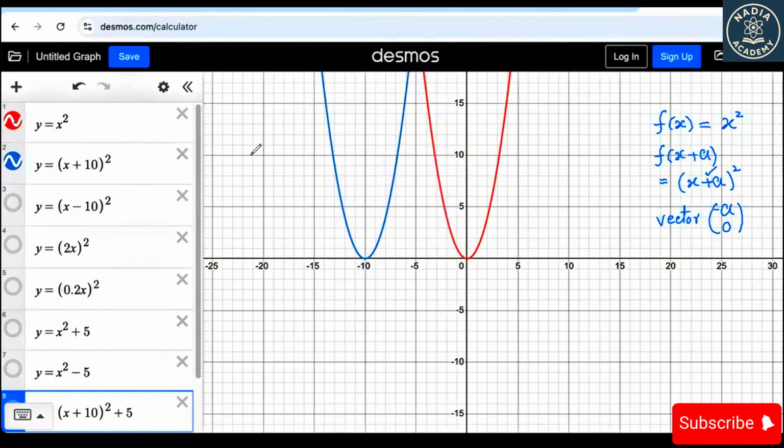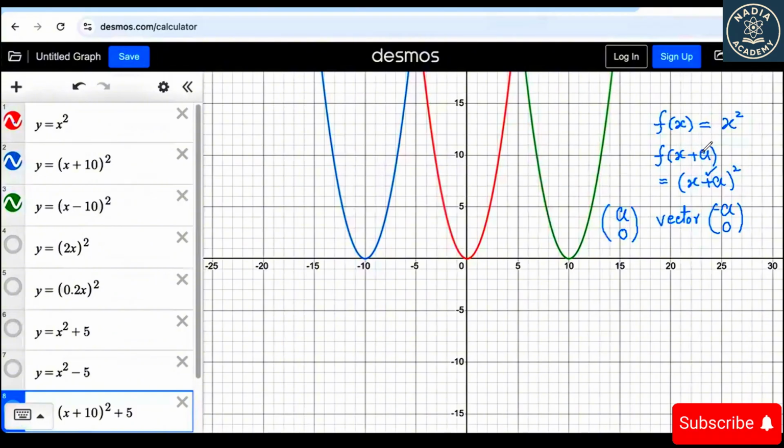Now let's check what would happen if we take away. For example, if we have y equals (x minus 10) squared, now our parabola has shifted towards the positive x-axis, and this transformation is along the vector (positive a, 0). So the first transformation is addition or subtraction in the independent variable, which is x.